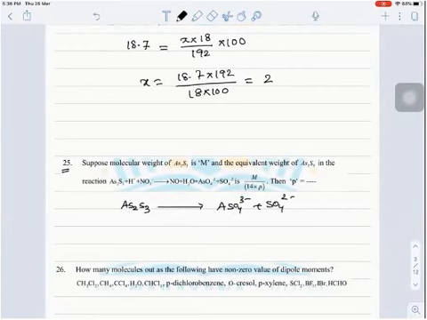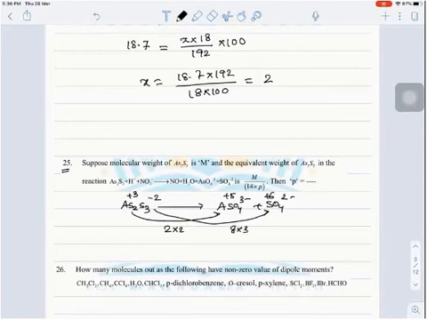In this case, arsenic is oxidized from +3 to +5, so the number of electrons is 2 into 2. Here sulfide is -2 to +6, 8 into 3. Total is 28. So equivalent weight is molar mass by 28. That is equal to M into 14 into p. That is given in the question. So p will be 2 from this equation.